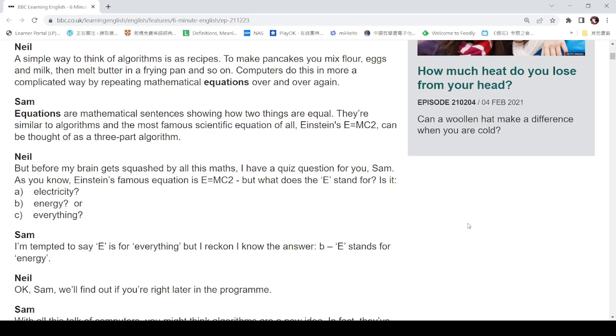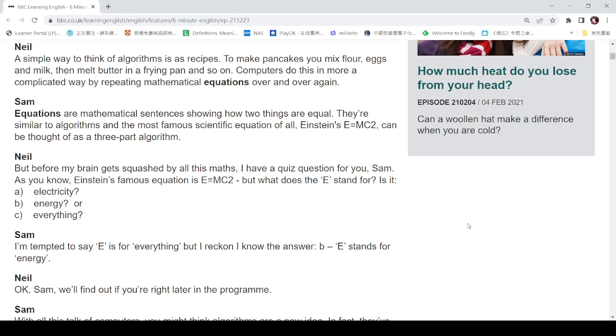Computers do this in a more complicated way by repeating a mathematical equation over and over again. Equations are mathematical sentences showing how two things are equal. They are similar to algorithms, and the most famous scientific equation of all, Einstein's E equals mc squared, can be thought of as a three-part algorithm.